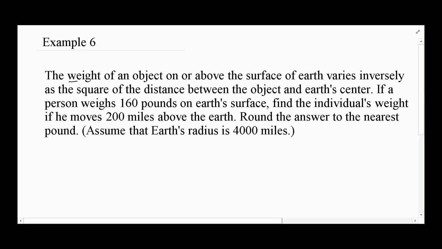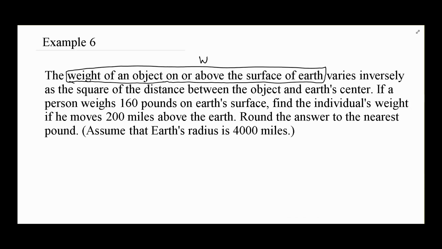Now, you might cheat a little bit in your defining of the variables. You might do something like this and say, hey, all of this here, that's W, the weight of an object on or above the surface of the Earth. If we look through here, the other variable involved is the distance between the object and the Earth's center.